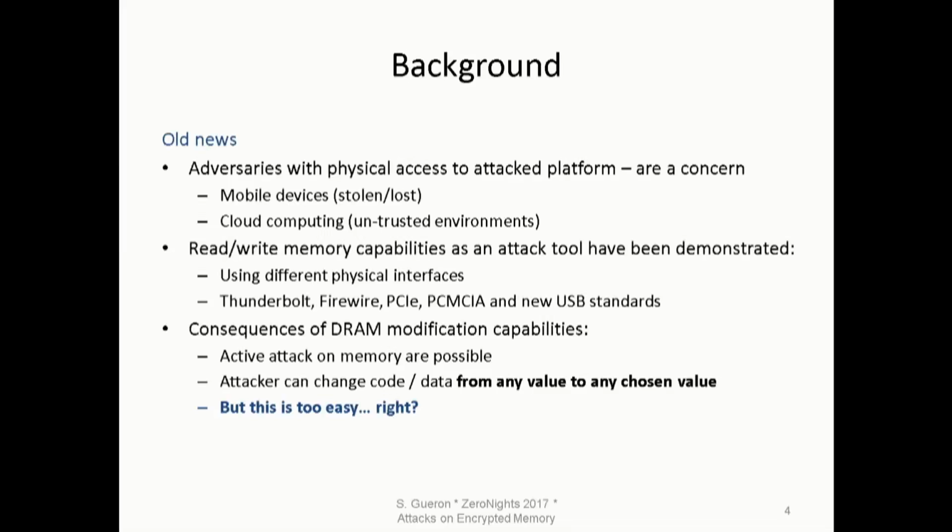Because if you can read and then write, you can just read something, flip all the bits that you wish, overwrite this, and you have changed any plain text to any other plain text. And things have been demonstrated to lead to an attack. But this is easy, right? If the memory is in the clear, and you have these tools, obviously you can do some damage.